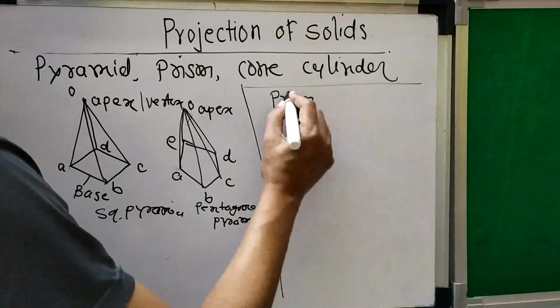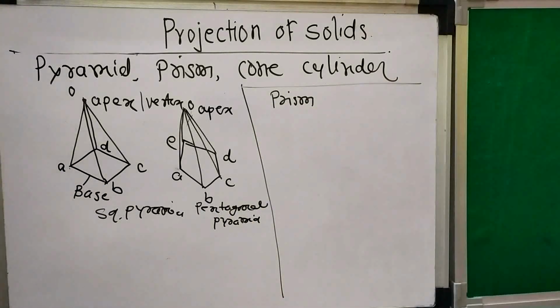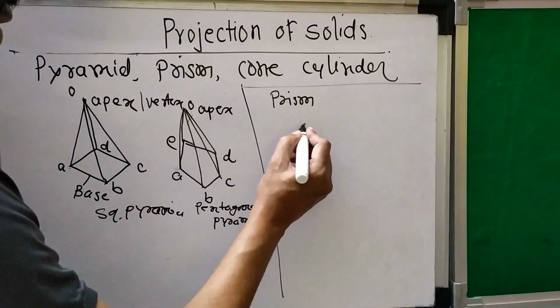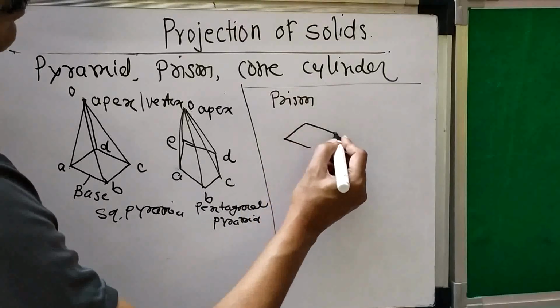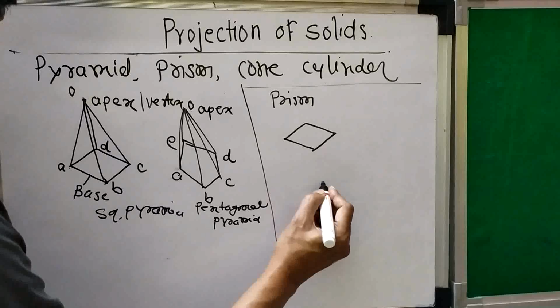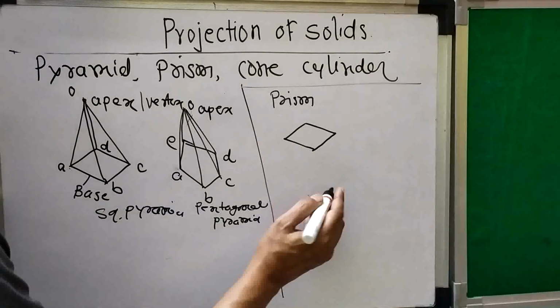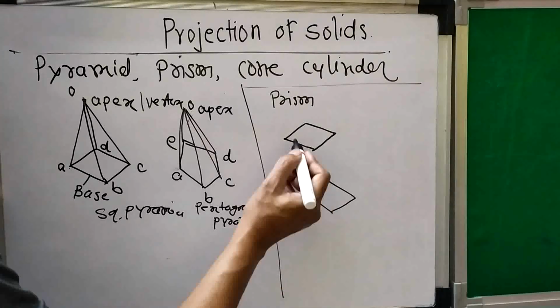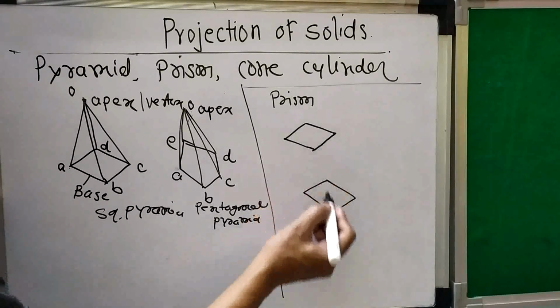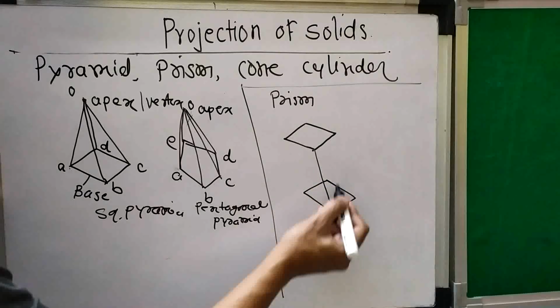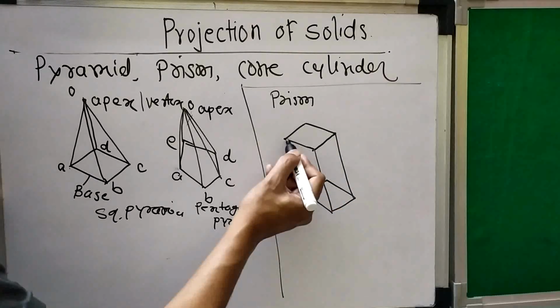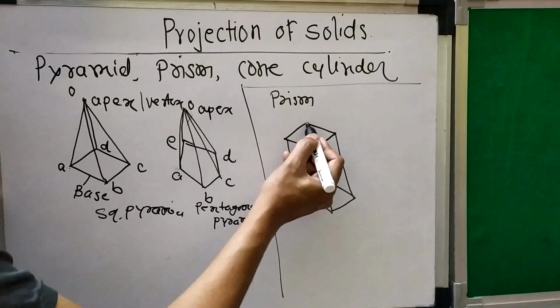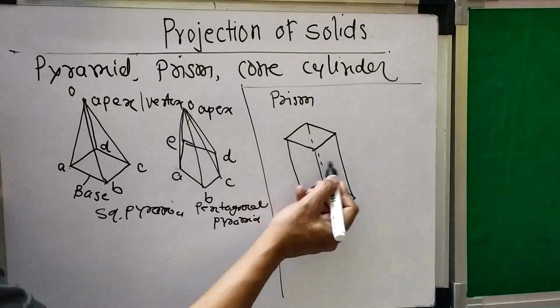Now in a prism we have two faces, top and bottom, of equal shape. For example, suppose this is a top face and this is a bottom face. These top and bottom faces are connected by vertical faces. So this is one vertical face, this is the second, this will be third and fourth.